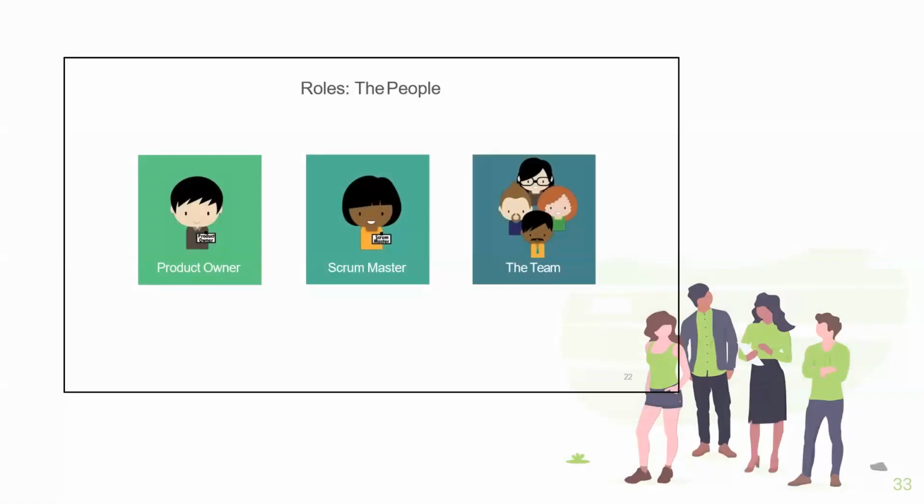So like I said, the people, you have your product owner, we'll look at the different roles and what they do, who they are: the product owner, the Scrum Master, which once again that's us, and then the development team.